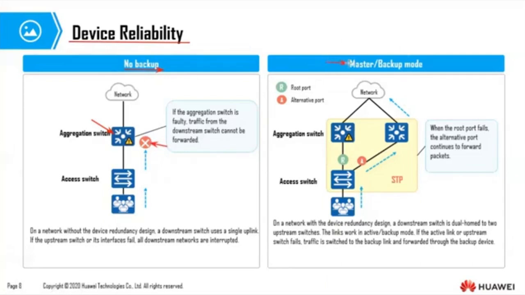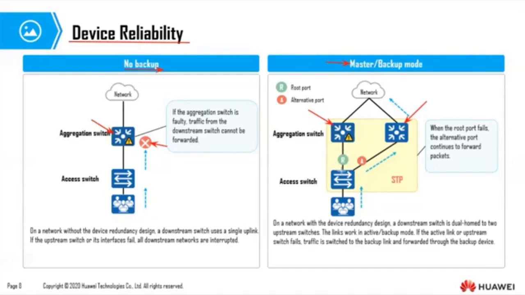Otherwise, it's always important for you to provide device redundancy, especially at the aggregation layer and at the core layer, by providing, for example, more than one device, so that in case one device goes down, then the other device will work.